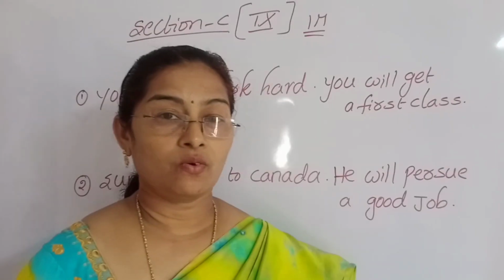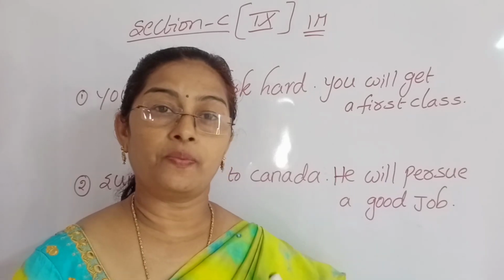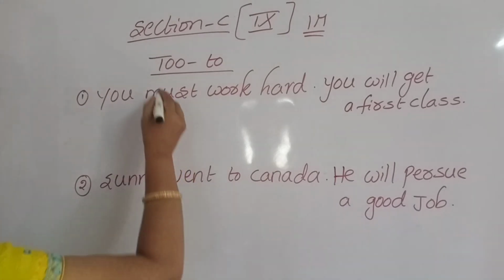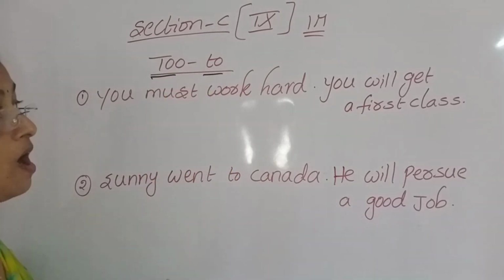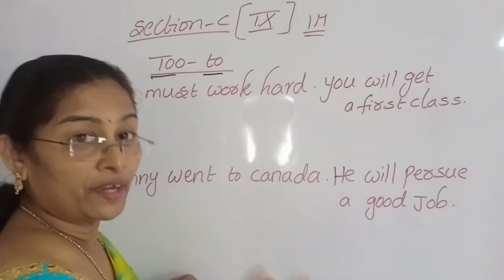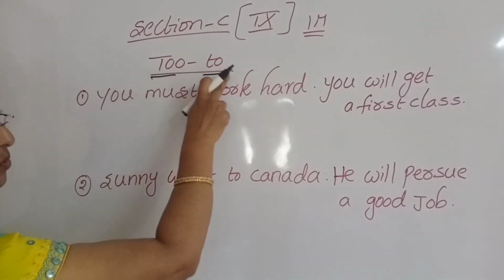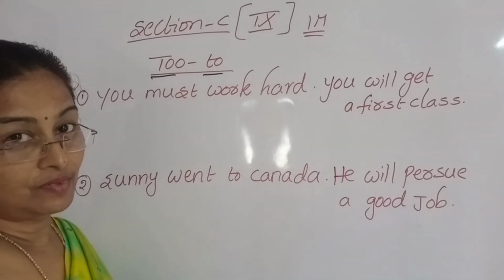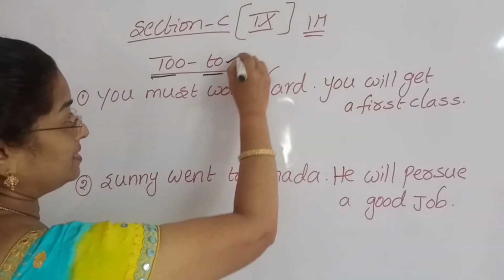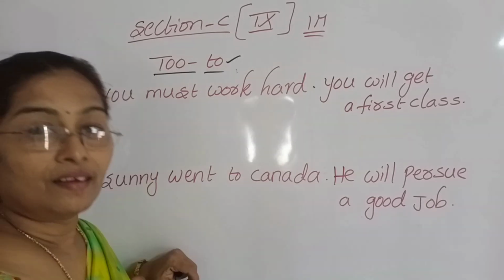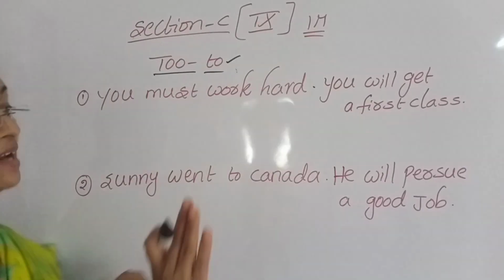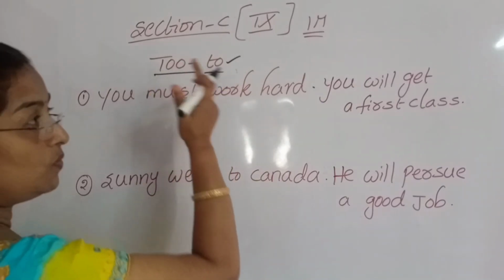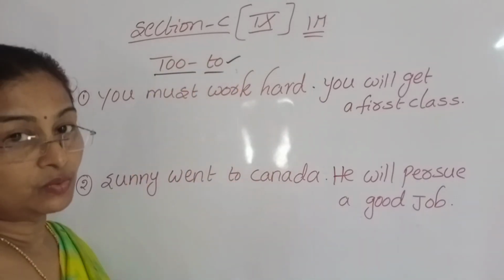Come with me. So first topic, first point which I want to explain you about is too and to. How to combine a sentence by using too and to. Too means very. Okay na? To means it's a preposition. Now we are going to combine these two sentences as one by using too or to.